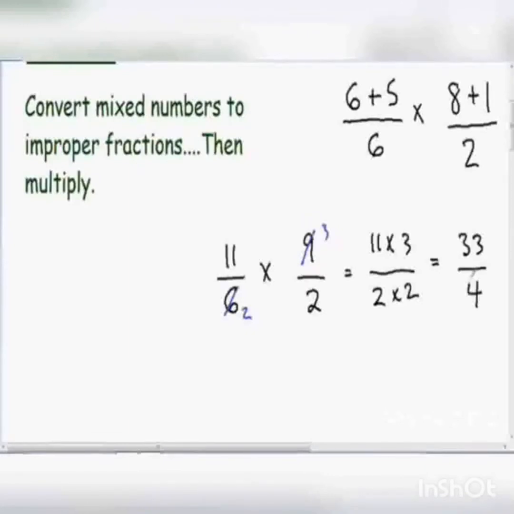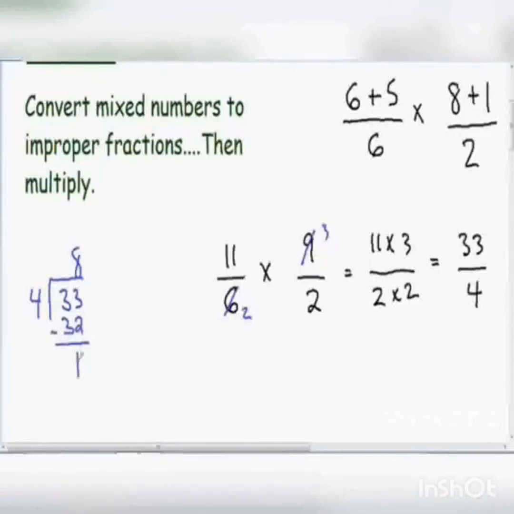Now, we are going to divide this 33 by 4 because this is an improper fraction, and no answer should be left as improper fraction unless we are asked to change to improper fraction. So now let's divide 33 by 4. Now, when we divide 33 by 4, we are going to get 8. 8 times 4 is 32.